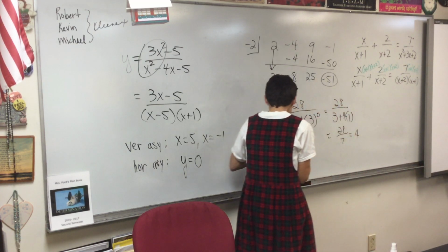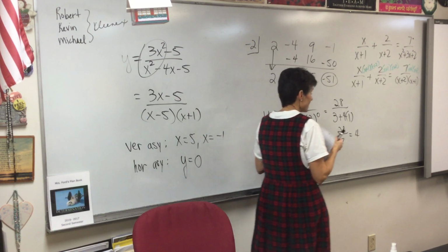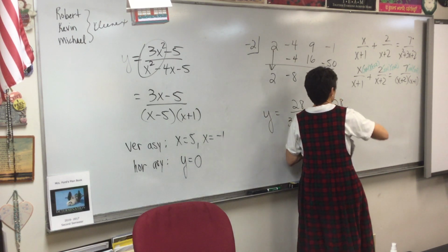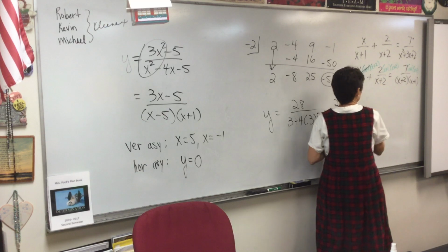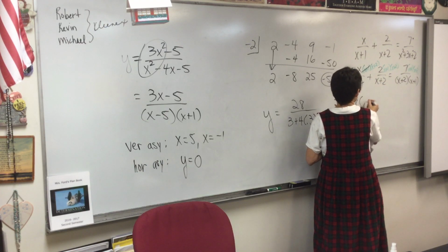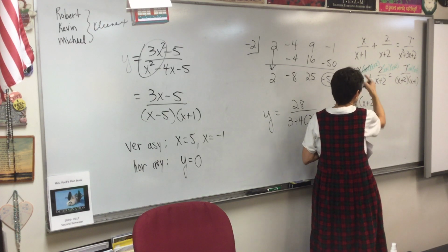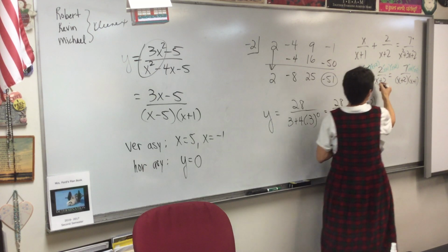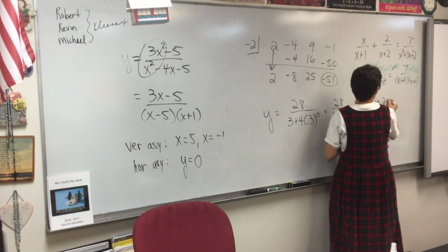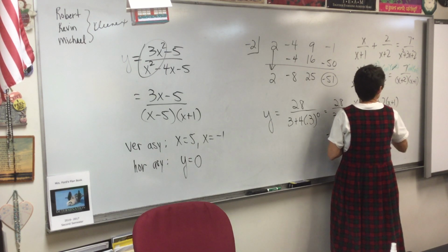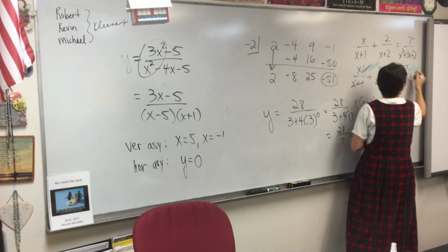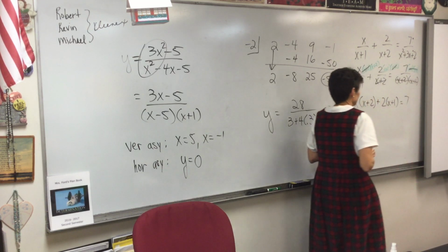And we do that so that we can cancel stuff, right? So we cancel, we're left with x plus 2. We cancel, we're left with 2x plus 1. We cancel, and we're left with 7.